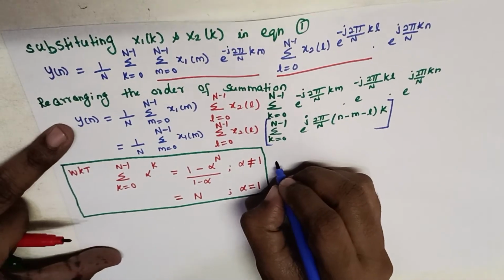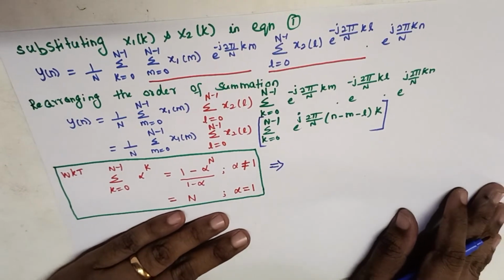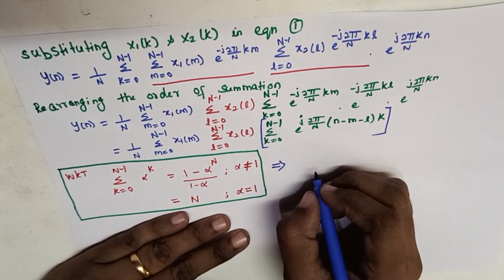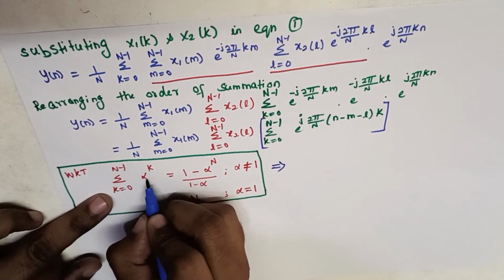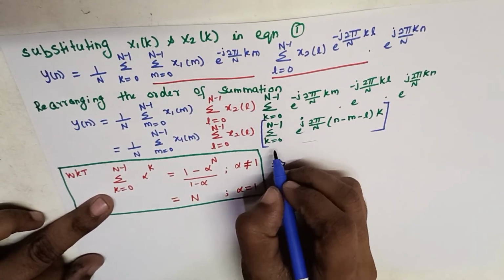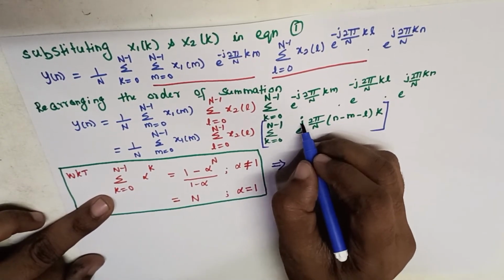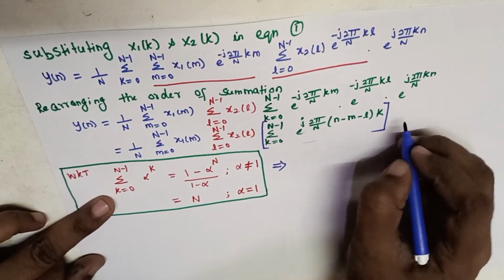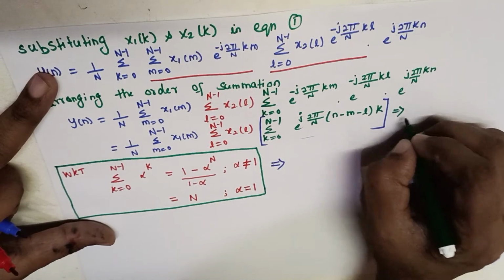Now let us consider this. If we compare this summation k is equal to 0 to n minus 1 alpha power k with this term, we can say that this is the same, and you can write this e power j 2 pi by n into n minus m minus l, the whole into k, as the same thing can be rewritten like this also, right?